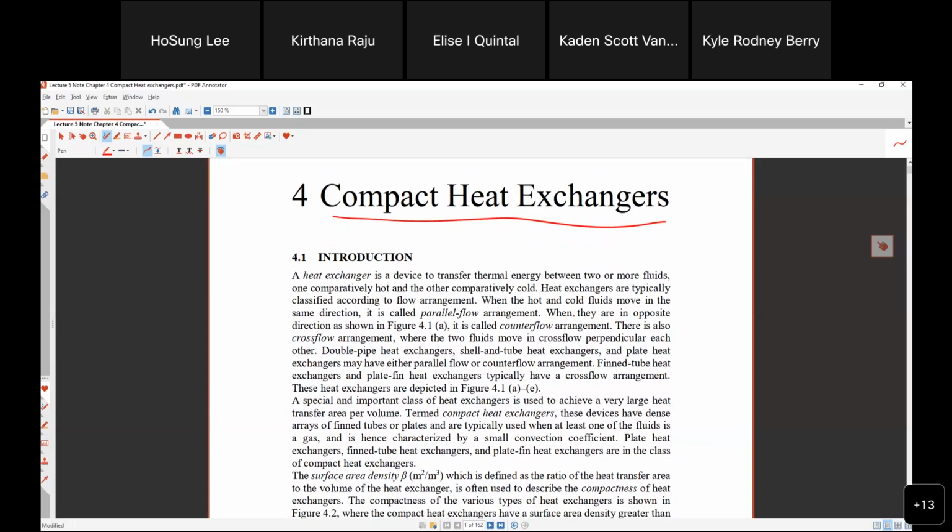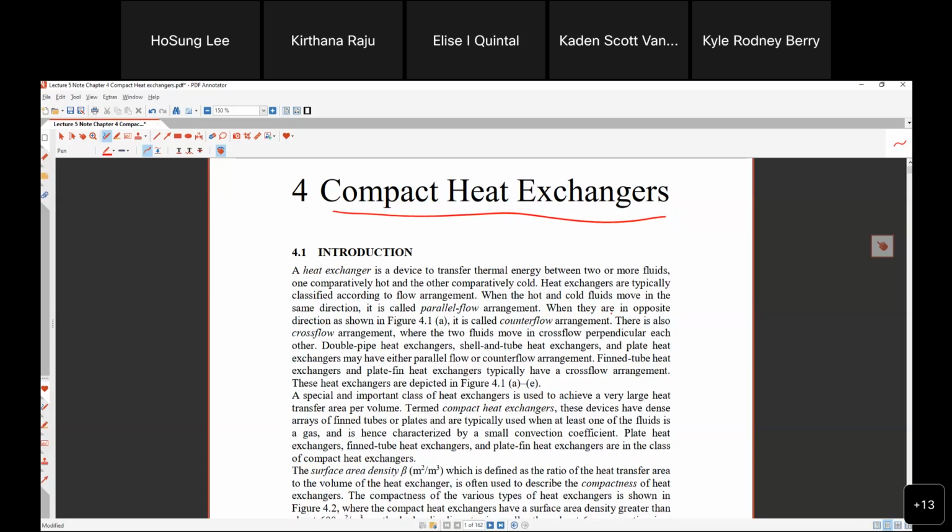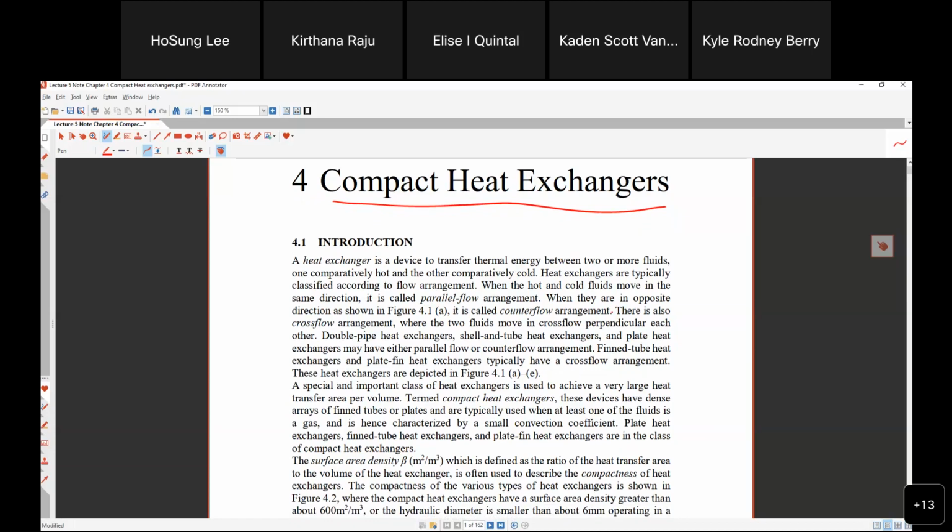I tried to get the PDF from the book, but it is costly, each chapter is $45, so I couldn't buy it. Some of them I bought, but especially chapter 4, I couldn't. So I use my file. The contents are the same, but the page numbers differ.